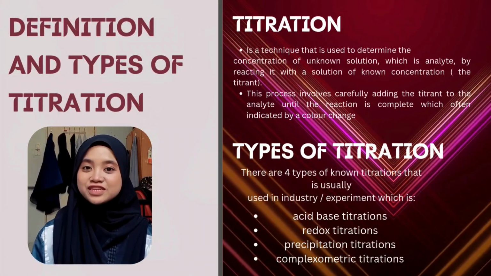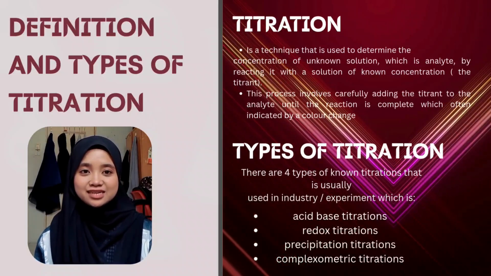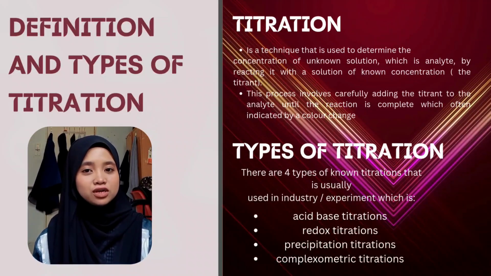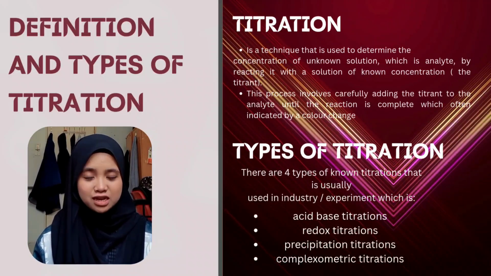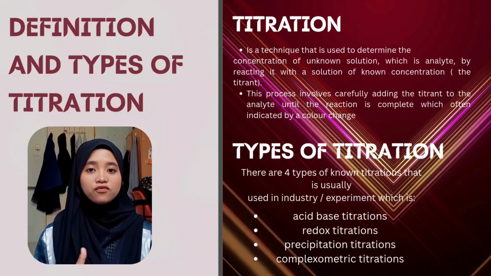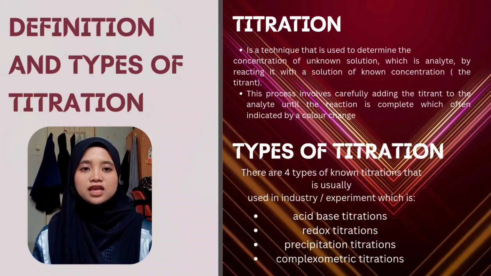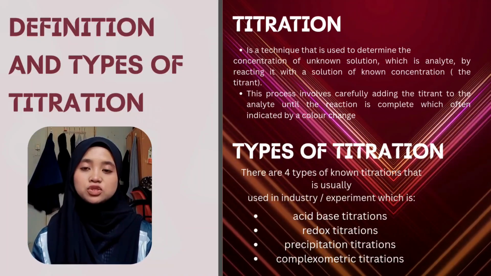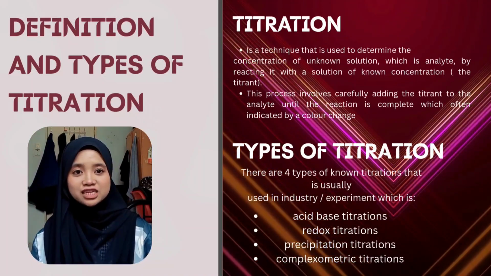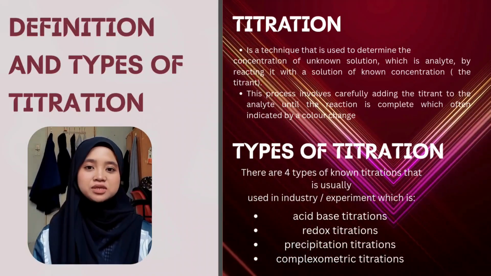Next, we move on to the definition and types of titration. Titration is a technique used to determine the concentration of an unknown solution, which is the analyte, by reacting it with a solution of known concentration. This process involves carefully adding the titrant to the analyte until the reaction is complete, which is often indicated by a color change.